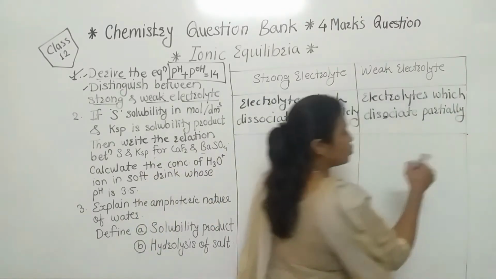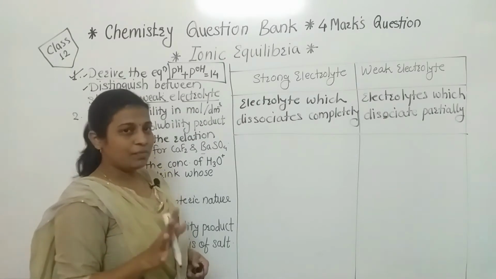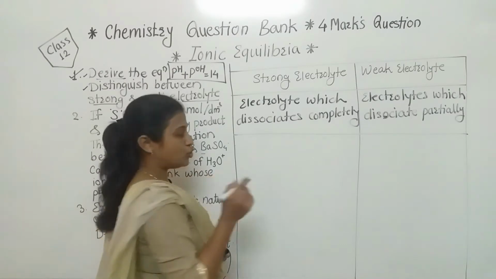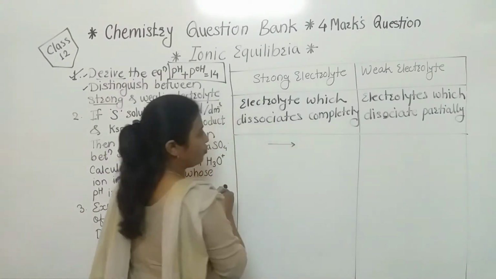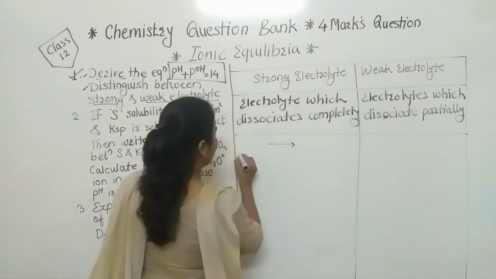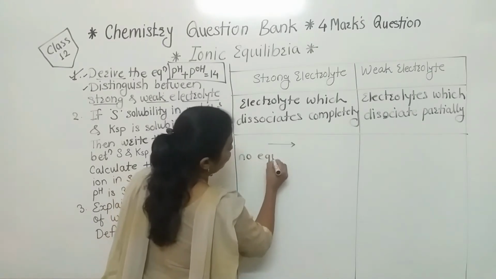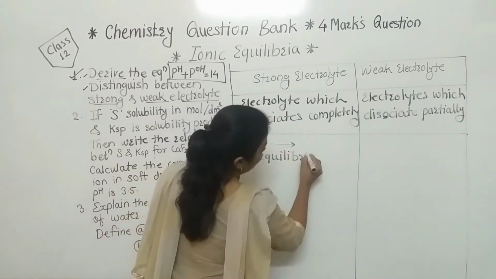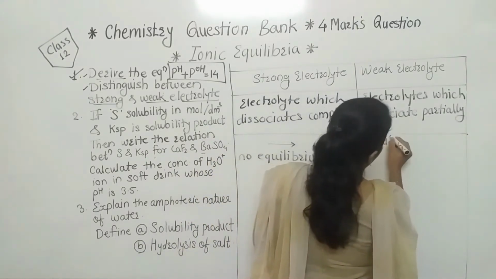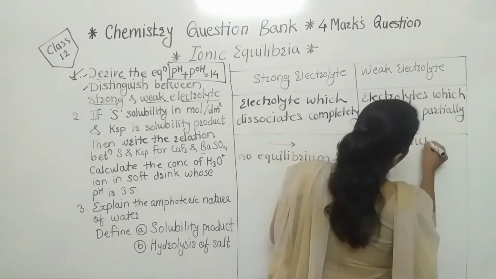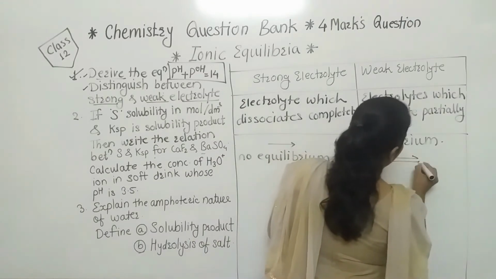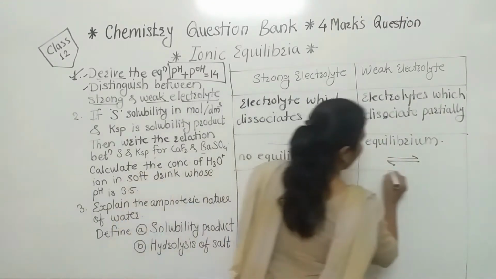Here as we know that dissociation is there, means there is a formation of ions, and in this way if we consider that dissociation reaction is shown by using this type of arrow, and here in weak electrolyte there will be the equilibrium. So here we can say that there is no equilibrium, and here we can say that there is an equilibrium, and that's why we have to use the arrow in between ions and non-ionized molecule, that is the double arrow, means forward and backward arrow.